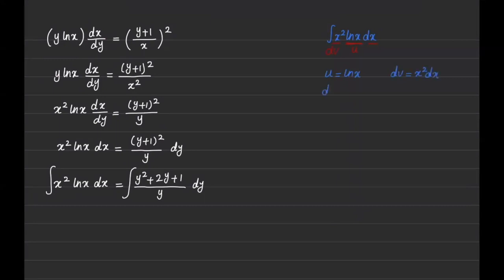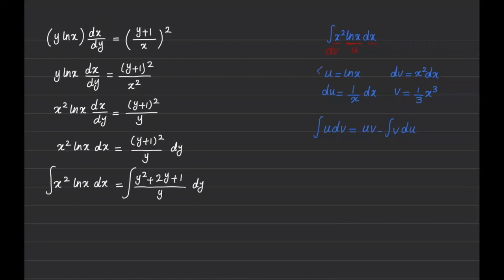Now we can find du, which is 1 over x dx, and v is 1/3 of x cubed, where we know that when using integration by parts, the integral of u dv is equal to uv minus the integral of v du.